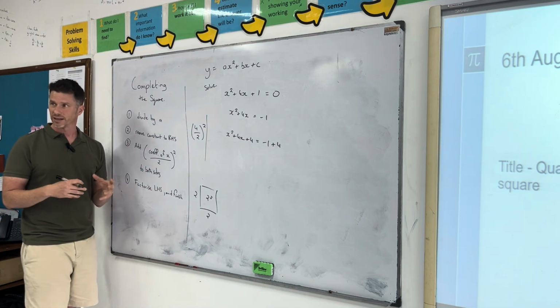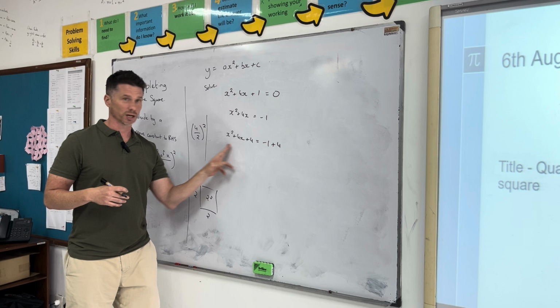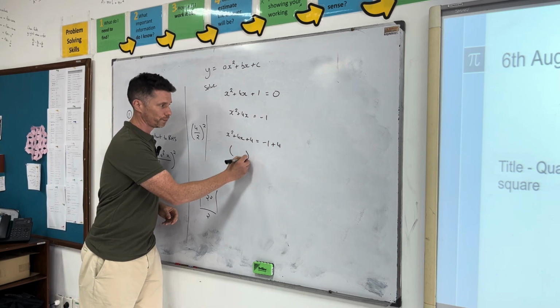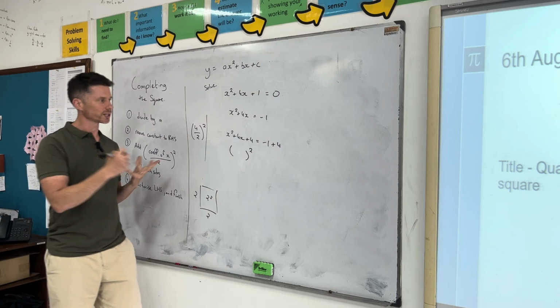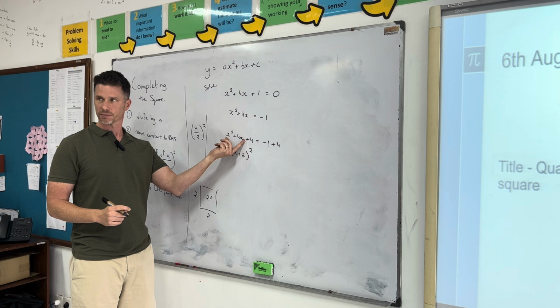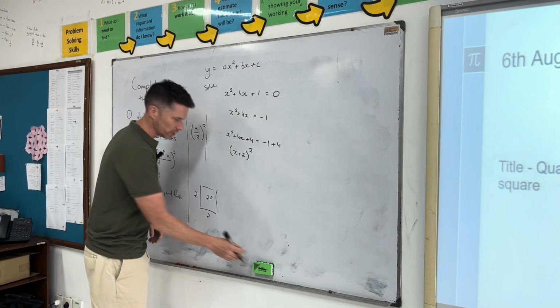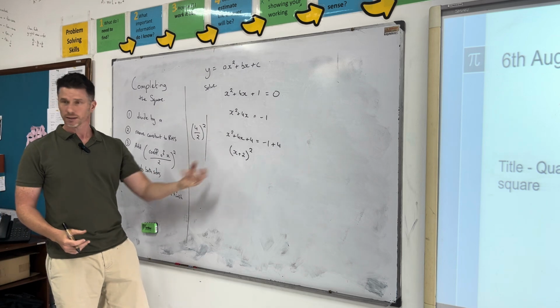In this case, it is not just a constant. What squares to form that? x plus 2. x plus 2 squared gives this: x plus 2 times x plus 2. So I have factorized. That is the square complete in a way.